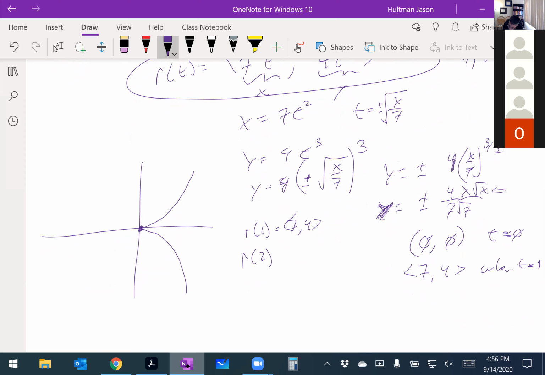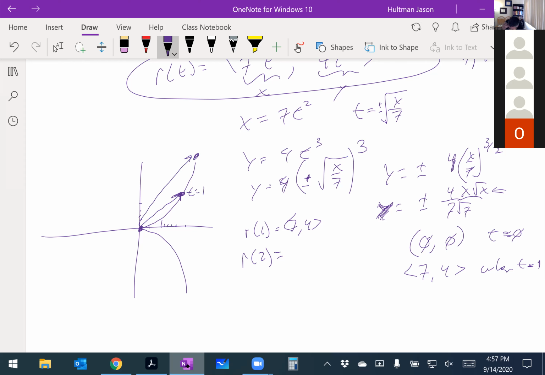Or sorry, -2. Let's stick to the negatives here. So we'd be at 1, 2, 3, 4, 6, 7, 1, 2, 3, 4. We would be here, right? This is at t is equal to 1. Okay, t is equal to 2, where are we at? Well, we'd be way up here somewhere. That's t is equal to 2.